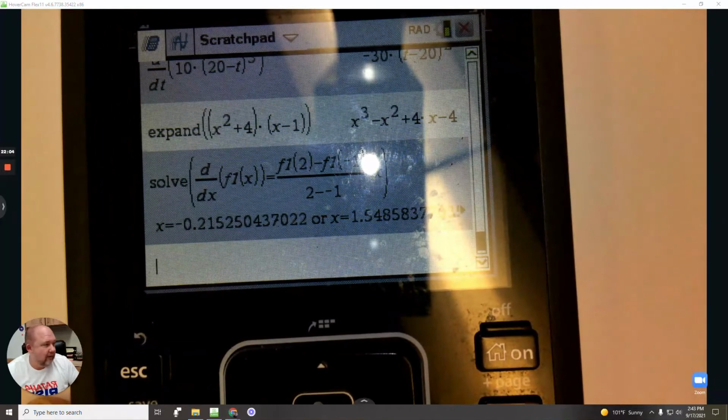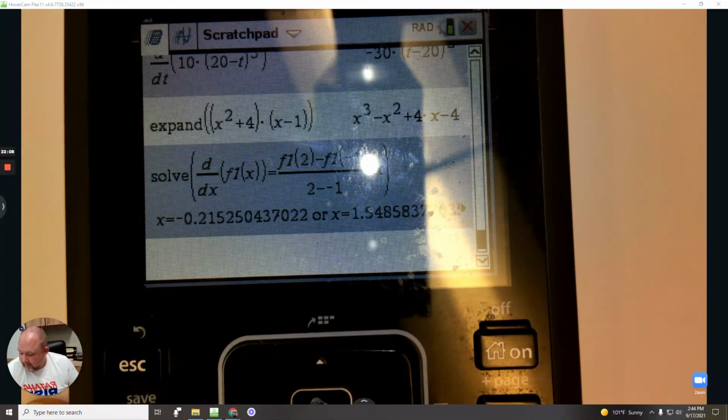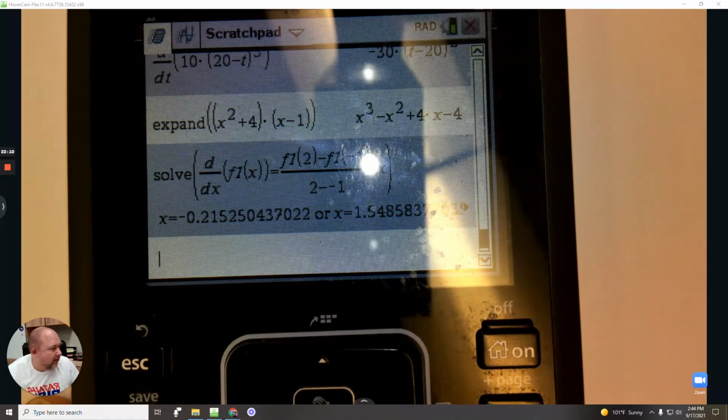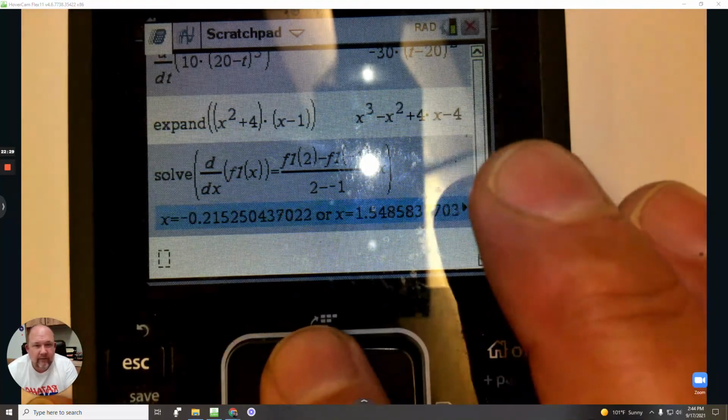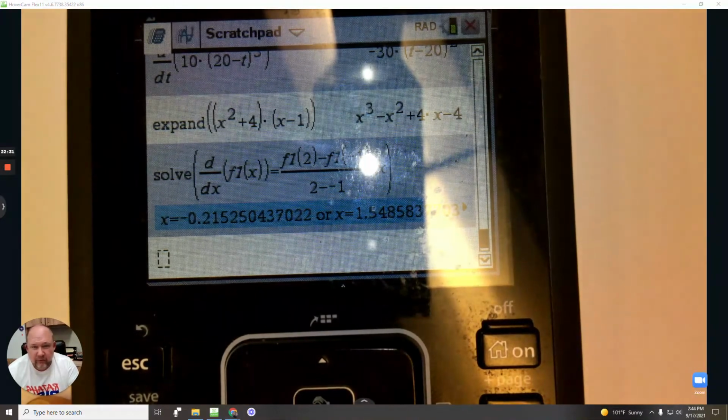And it gives you your answers. Now be careful. The interval is from negative 1 to 2. So make sure your answers are between negative 1 and 2. They are. So make sure you have all of them. So negative 0.215.